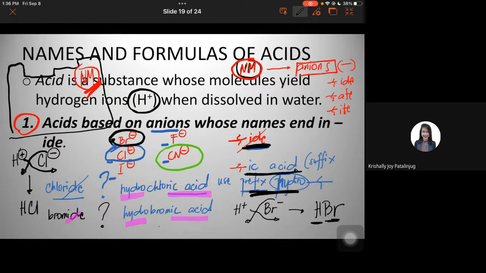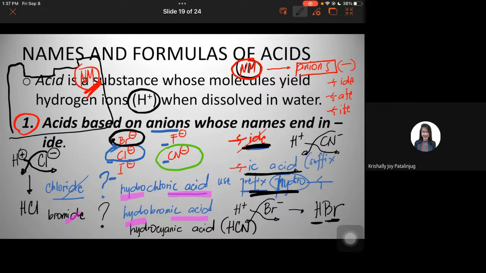So that's cyanic acid. And do not forget the prefix hydro. What would be the formula of hydrocyanic acid? So you have H plus, then CN negative, you cross it over. The subscripts are only one, so that would be HCN only.